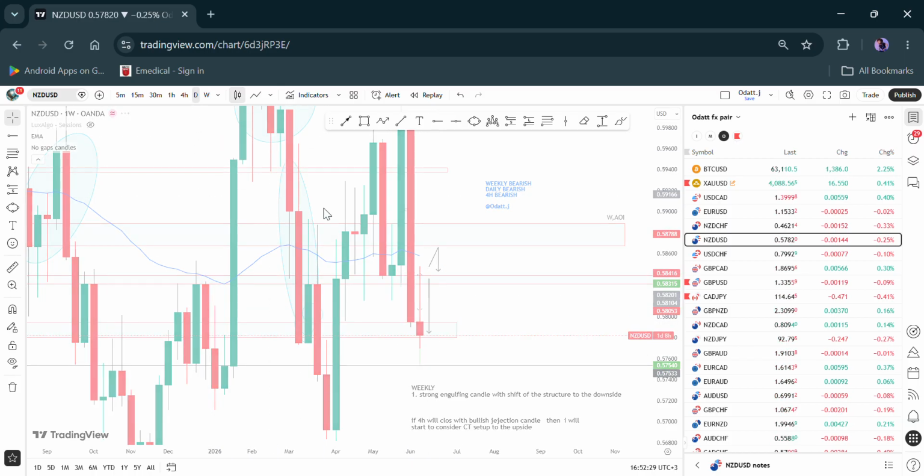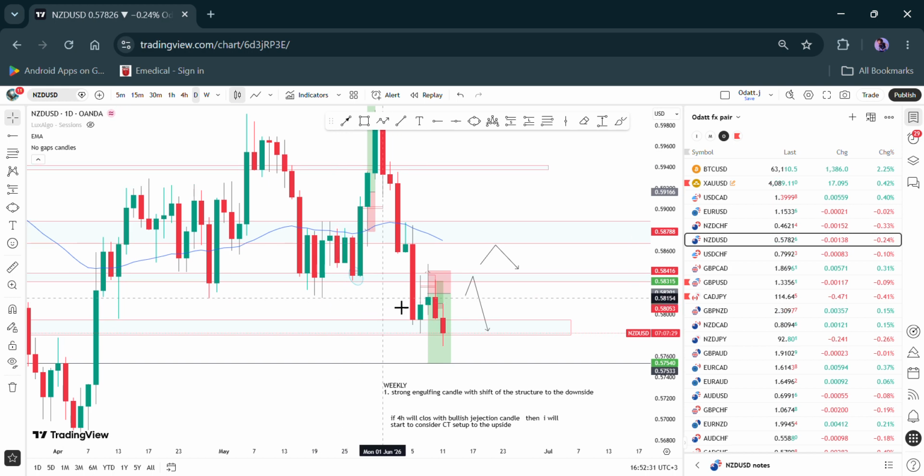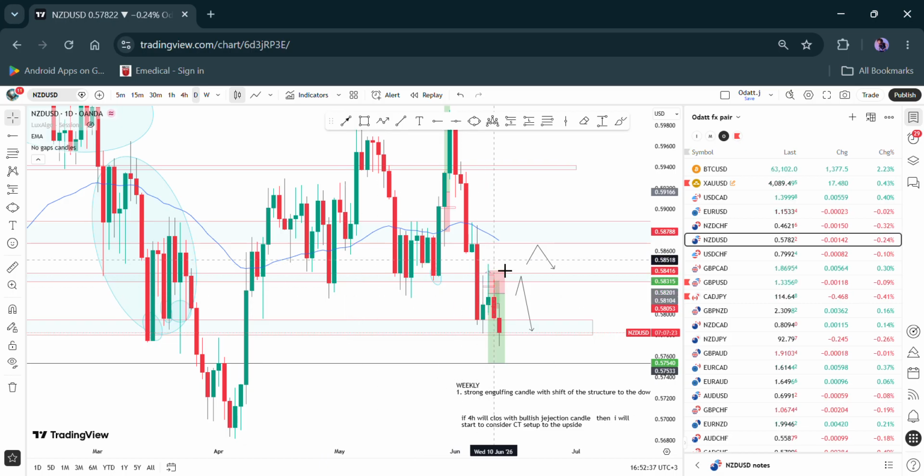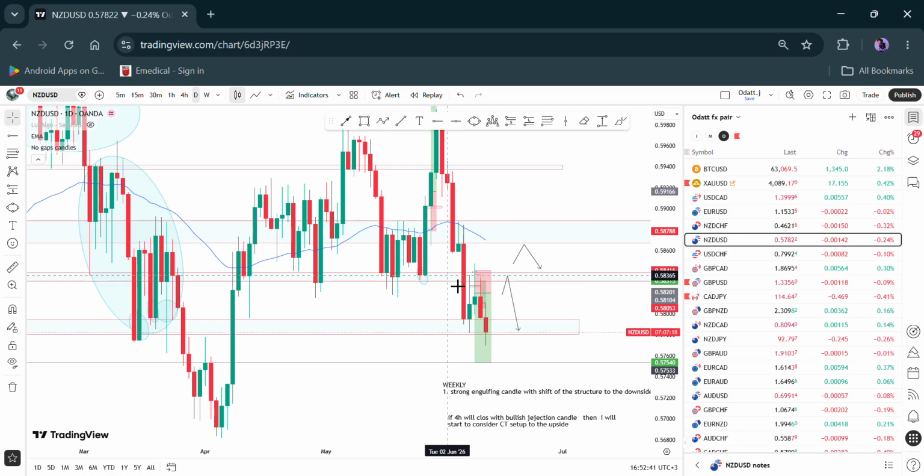If you come to the daily time frame, I was waiting for the price to come and retest this strong area of interest. So I was waiting for the price either to reject here or reject around here, along with the EMA. If the price had come and retested the second area of interest, there would be one added confirmation, which would be the retest of the EMA.